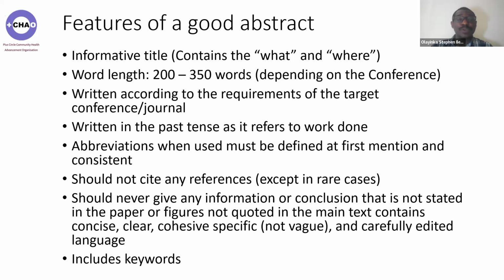Now, you should never give information or conclusion that is not stated in the paper or in the figures, or figures not quoted in the main text. So you must endeavor that whatever you want to conclude on is actually what you found in the study that you have done. Keywords are also very important in our abstracts.